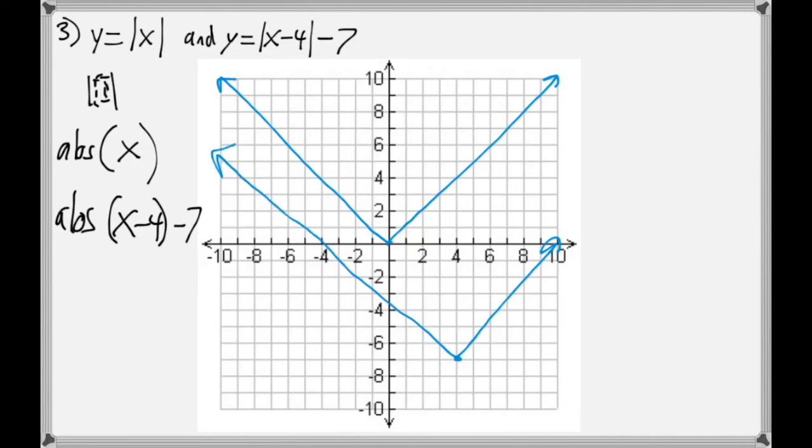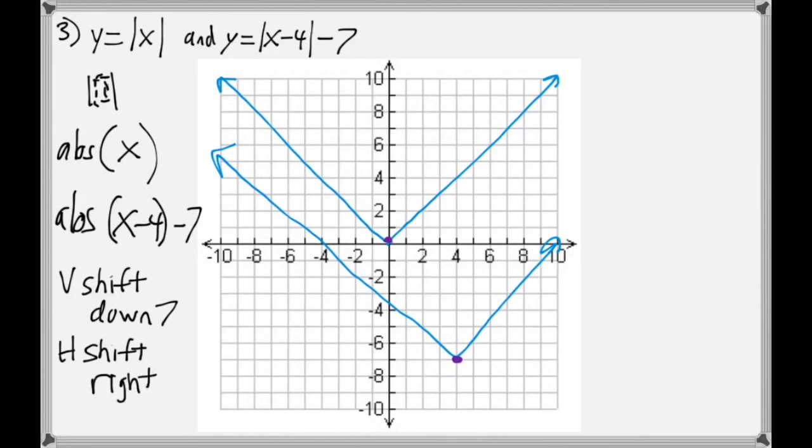But if I compare the point here with the point here, this one has been shifted down 7 and right 4. So a vertical shift down 7 and a horizontal shift to the right 4.